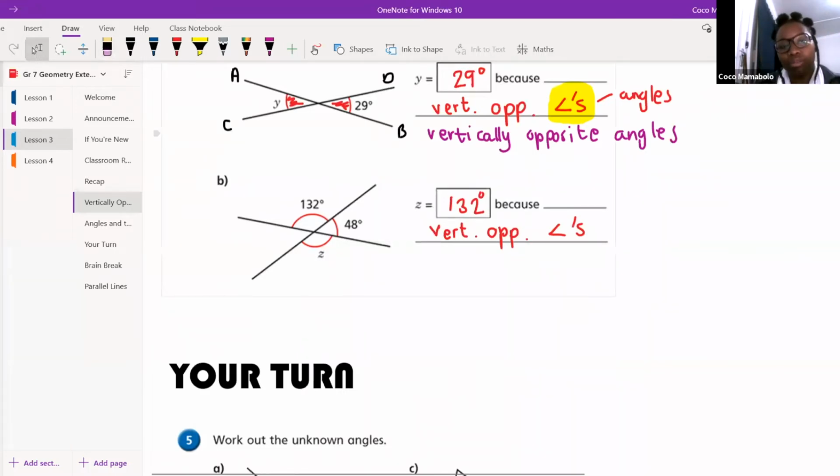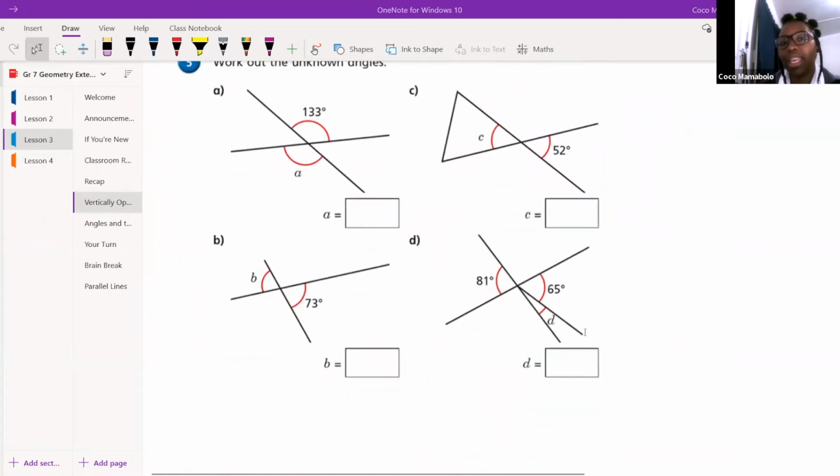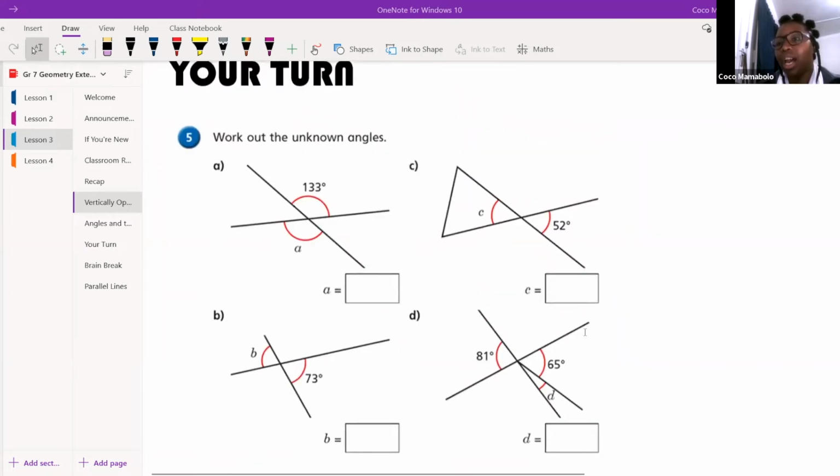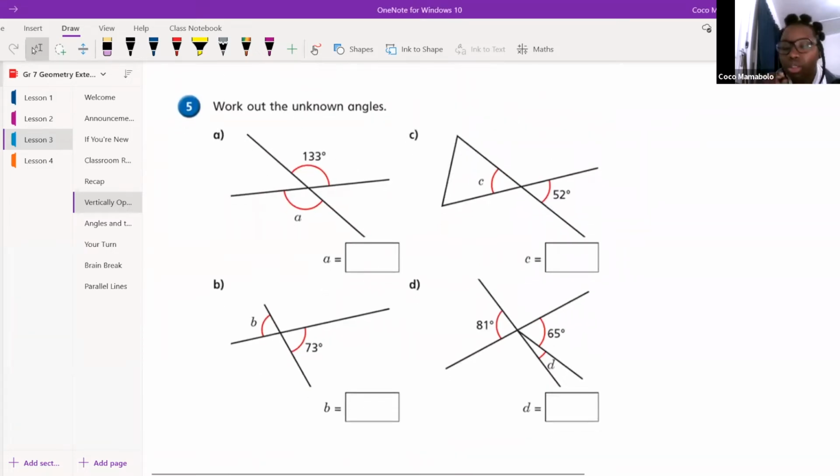Once you're done answering all of them, put the cool guy emoji in the chat, but only after you've answered all of the questions. Here we go: A, B, C, and D. I want you to answer all of them on a piece of paper with the reason. You have to give me the reason, otherwise I'm not going to accept it.